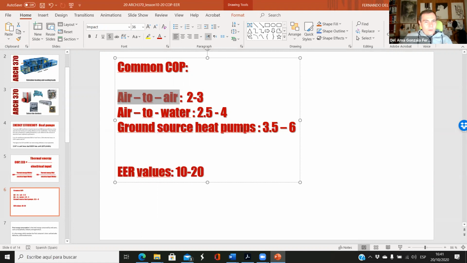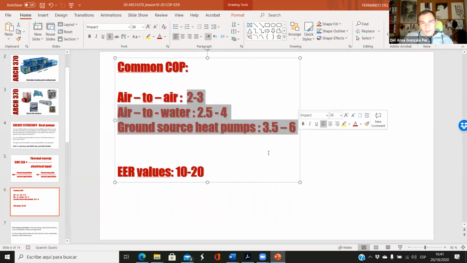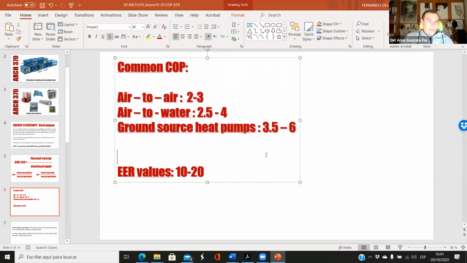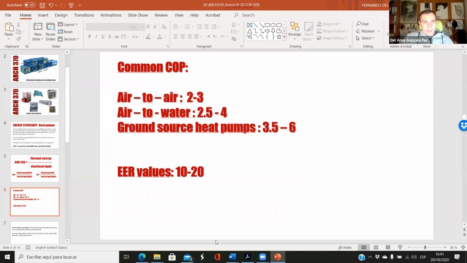But if it's too cold, there is no way. Air-to-air heat pumps are not efficient, are not good enough. So the values that I'm providing you with are values for cold climates. If we are talking about warm climates, it might be different, okay? But for cold climates, I think those are the right values.